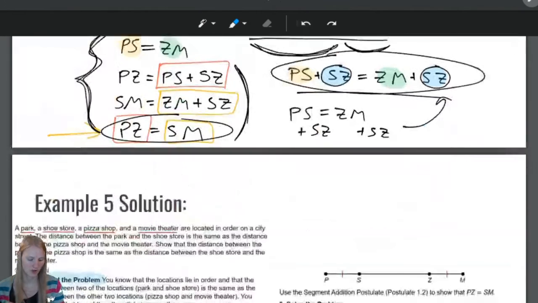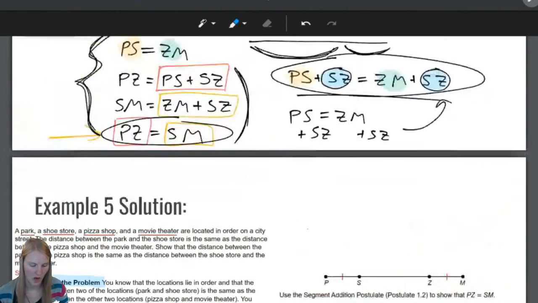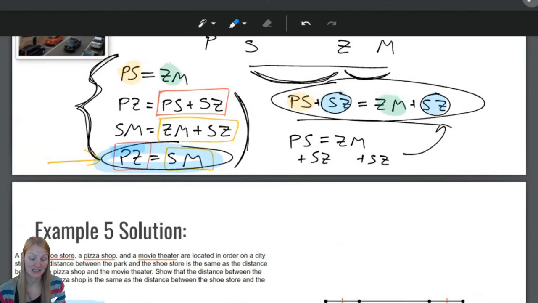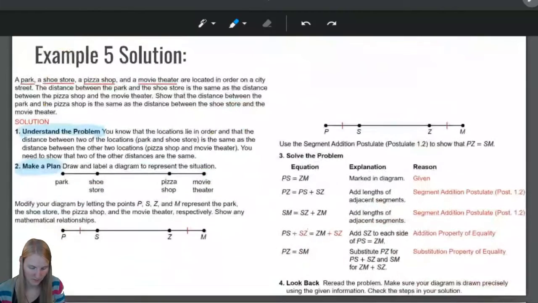That was us understanding the problem. Then we make a plan. Our plan was I need to get to PZ is equal to SM, and I'm given these three things. So my plan is to use these three things to get here.